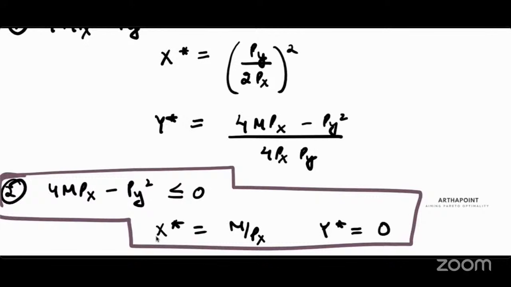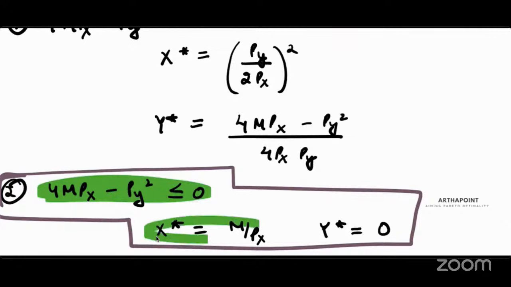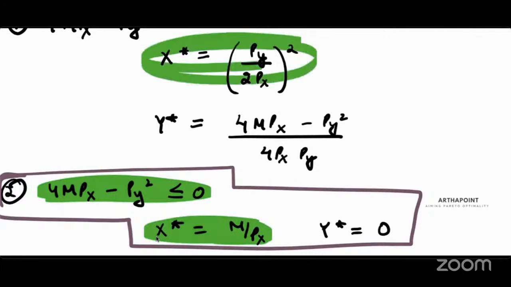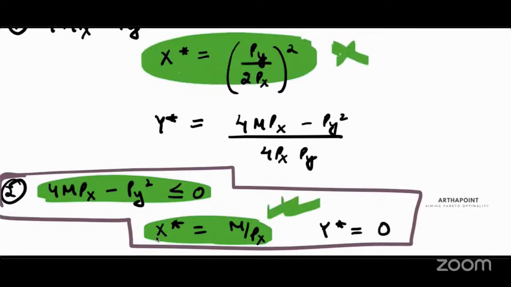So you have to solve this and understand that if the numerator is coming negative, you cannot consume negative quantities of y. It simply means that you're not consuming y. And if you are not consuming y, you are spending your entire income on good x. So x becomes m by px. And this was also one of the options, that x star is py by 2px square. But in this case, x is not this. X is this. You're spending your entire income on x.